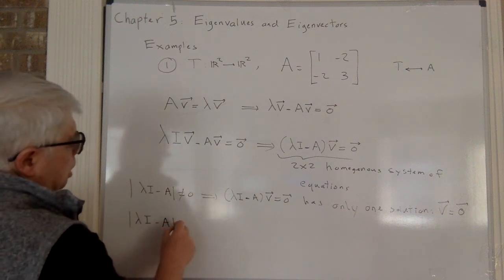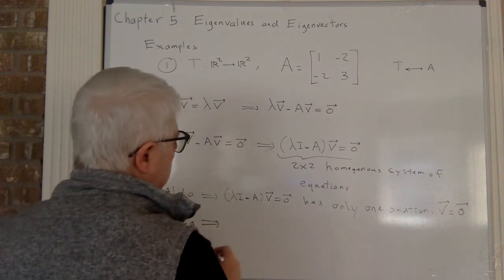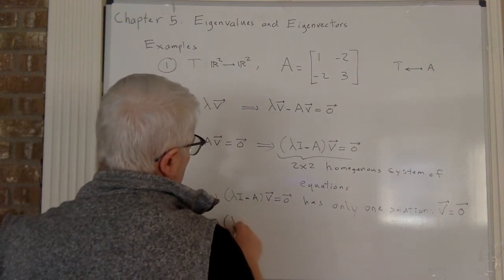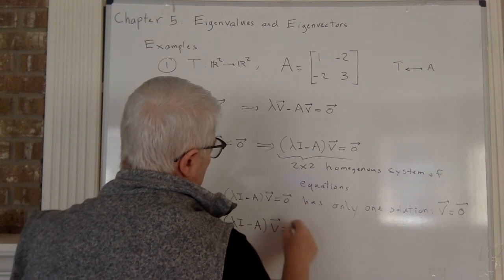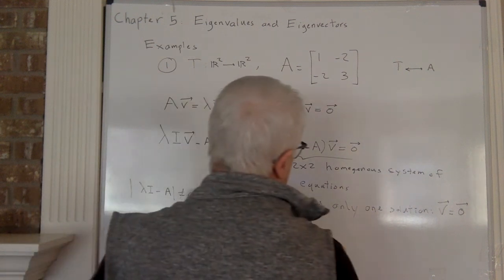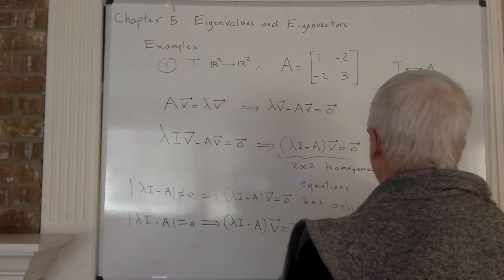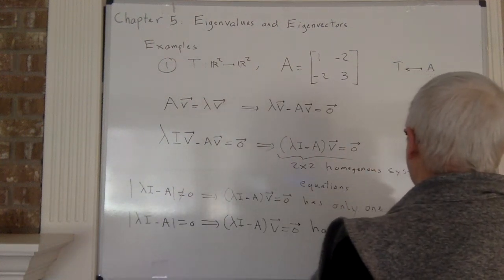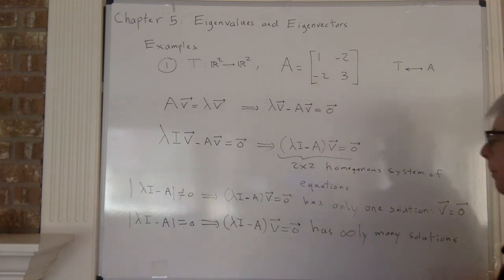So if it is 0, then the system has infinitely many solutions for V. Okay?